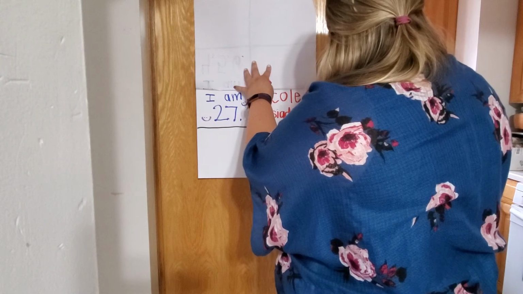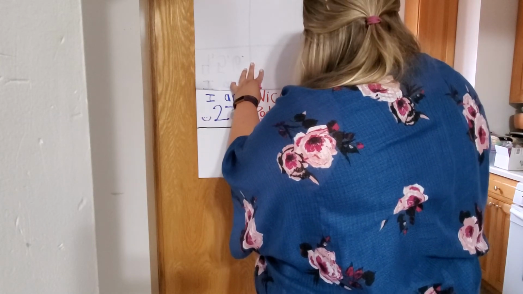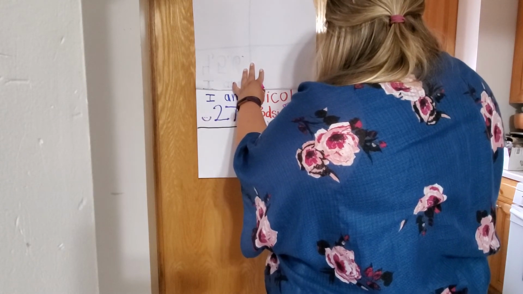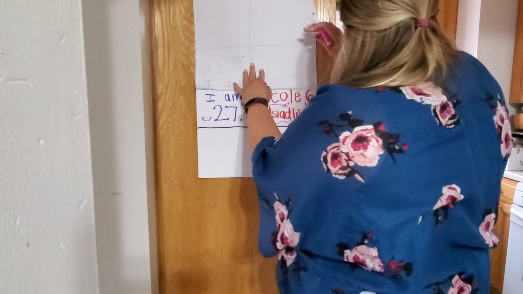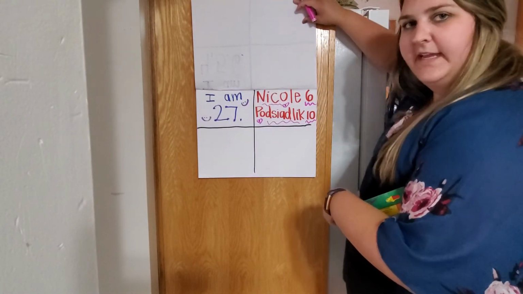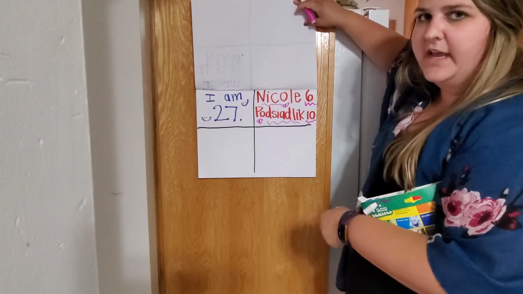Maybe you're going to give it an underline. Maybe you want to draw some hearts or some stars or some squiggly lines to do some decorations in your box. Whatever you would like to do to decorate. Just don't scribble all over your numbers, right?